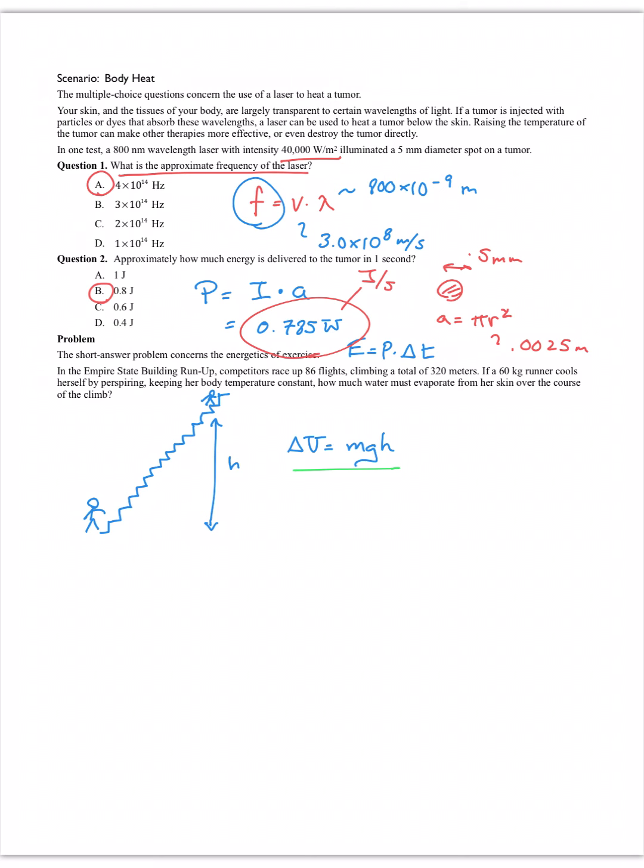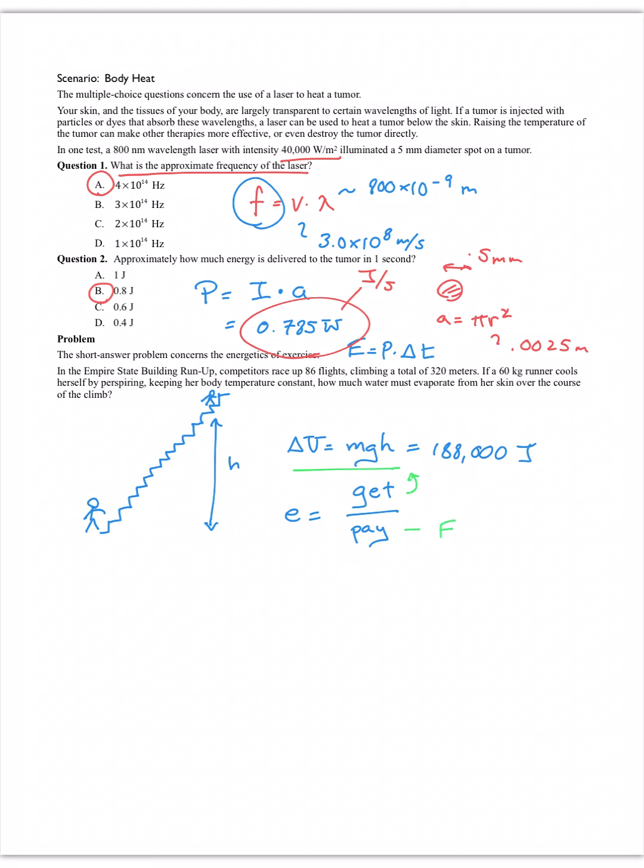So let's look at how much the person had to, actually we can calculate that. The amount of change of potential energy of the person when they go to the top is 188,000 joules. But then we can use our efficiency to calculate the chemical energy used, the metabolic energy used, because efficiency is what you get divided by what you have to pay. What you get is potential energy.